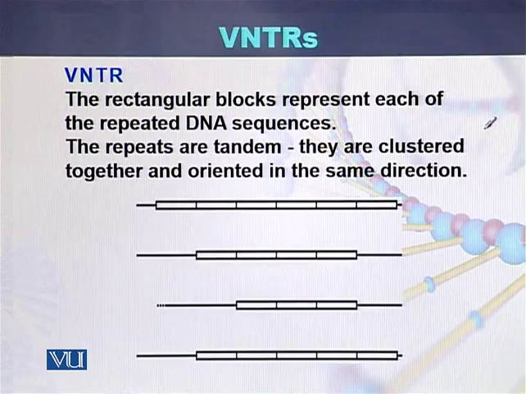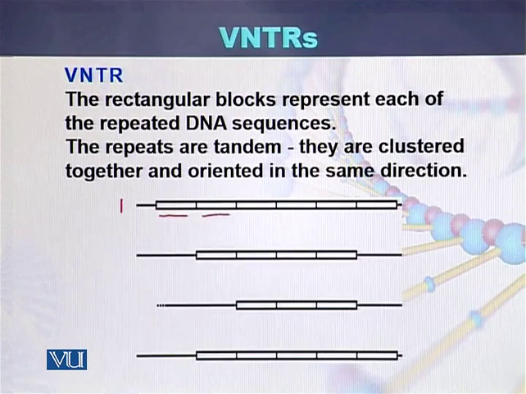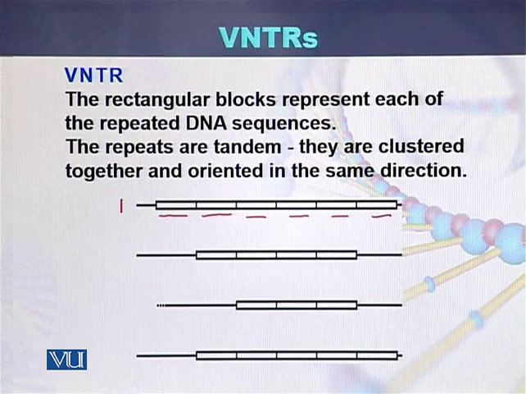We can say that in this individual, that is individual 1, these blocks represent a sequence of DNA, and the same sequence of DNA is repeated a third time, fourth time, fifth time and sixth time. So you will say that in individual 1 there are 6 repeated regions of VNTR.